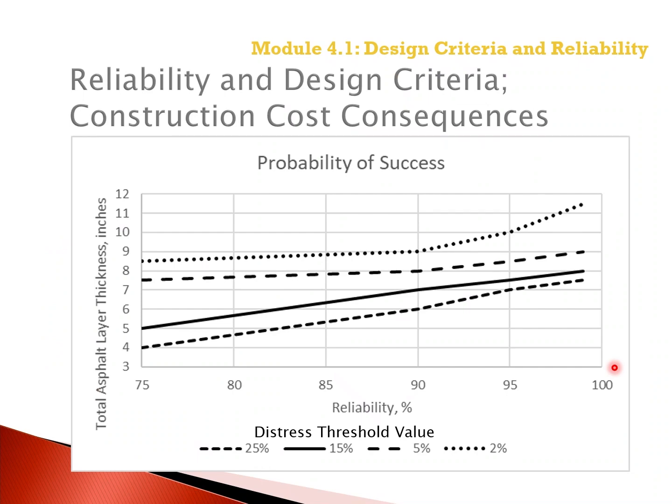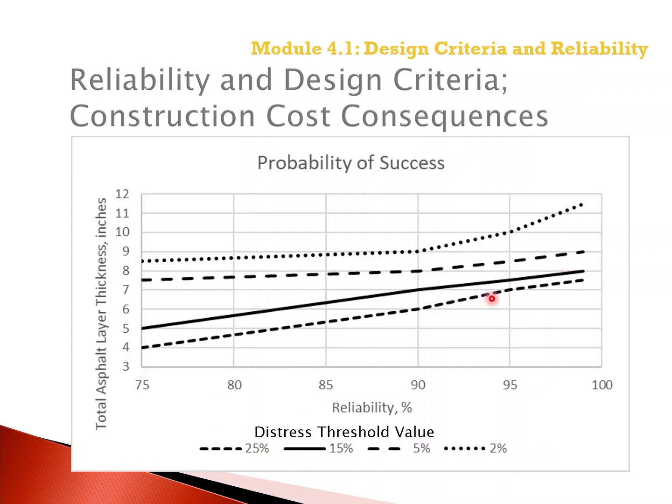So now let's look at the combined impact of reliability and design criteria, or the distress criteria, on the layer thickness. Again, the total asphalt layer thickness, in this graph versus reliability level for different distress threshold values.